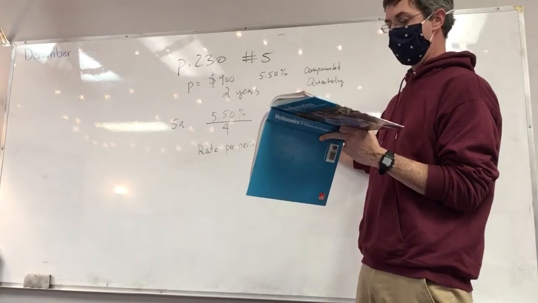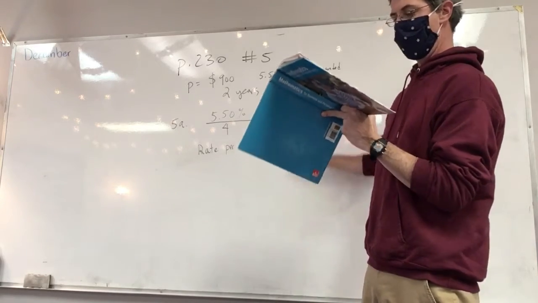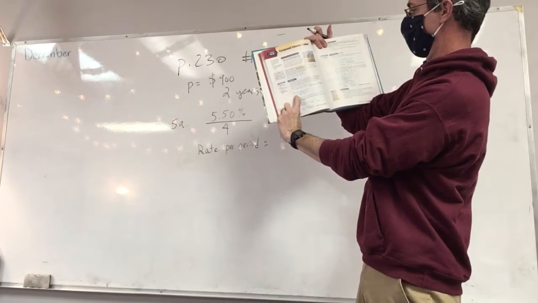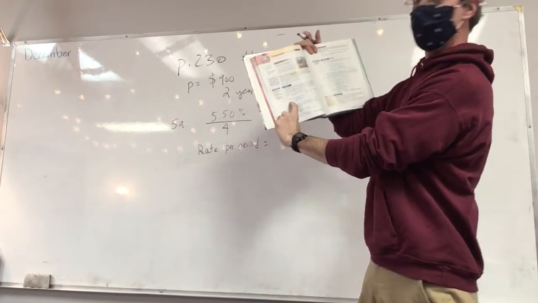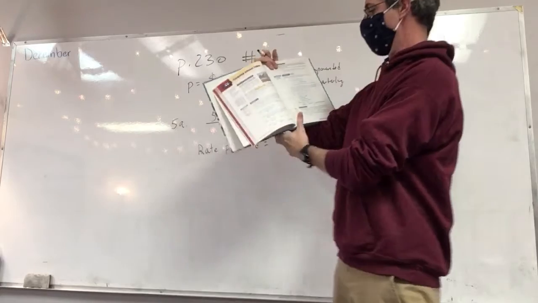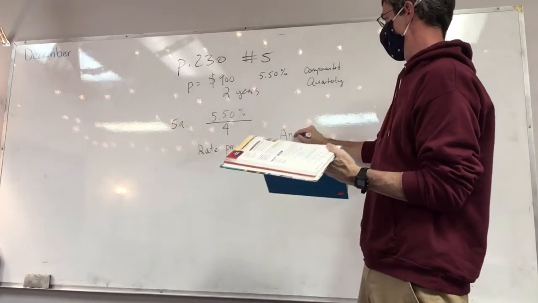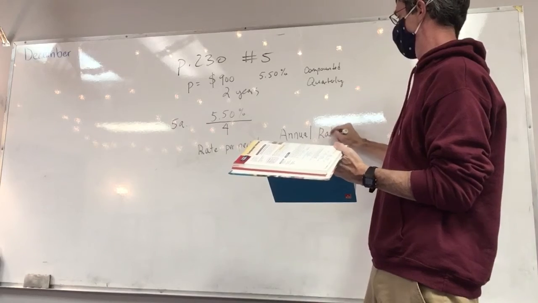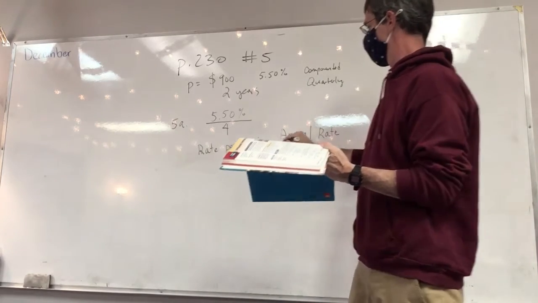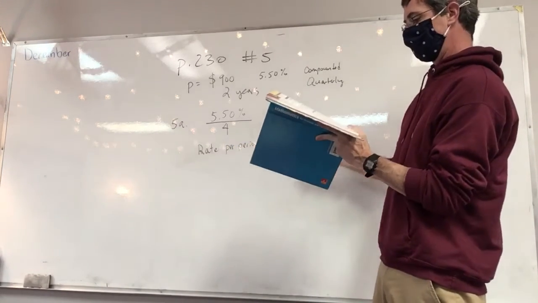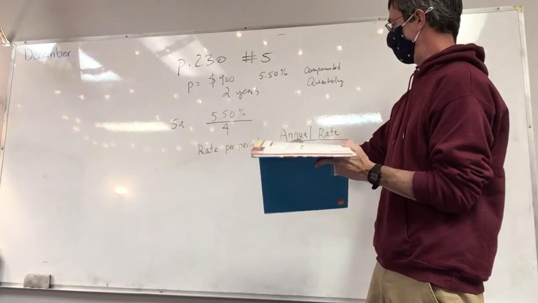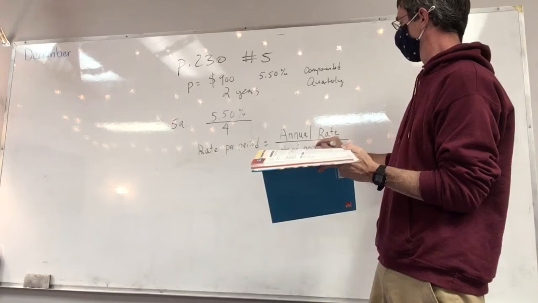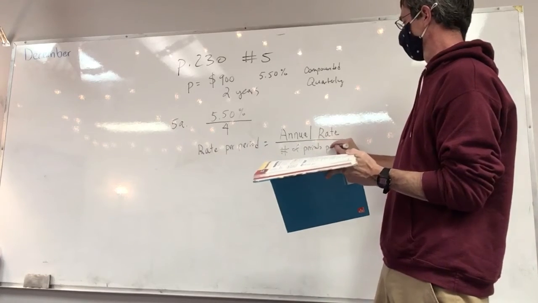Annual interest rate. Are you here? No, I just wrote it down, and my handwriting was really bad. All right, take a look at the book. And then under it is number of periods per year. All right, so it says the annual rate divided by the number of periods per year.